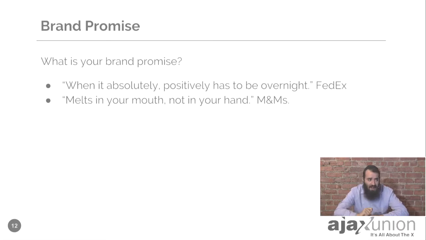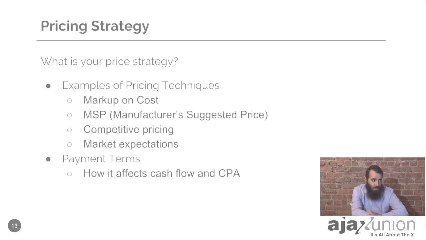Your promise might be, when it absolutely positively has to be overnight, FedEx. Your promise might be, it melts in your mouth, not in your hand, M&M's. So think about your tagline, your slogan, and the message that you're sending, because this is the promise that you're going to make to your consumers, and that's the reason they're going to want to buy from you, and it's going to lead into your USP.